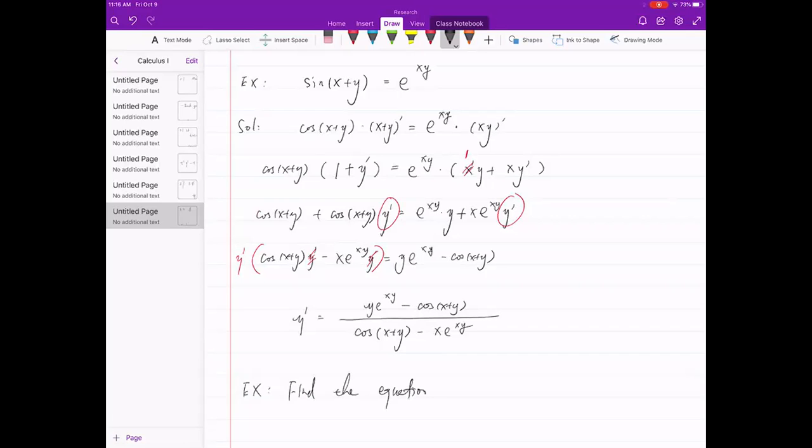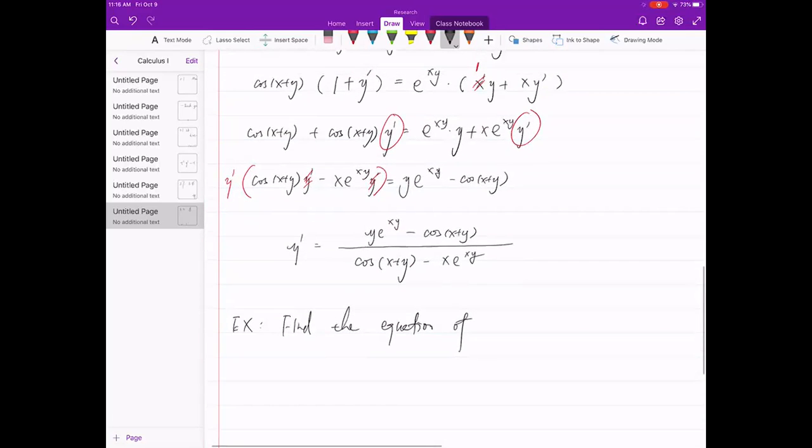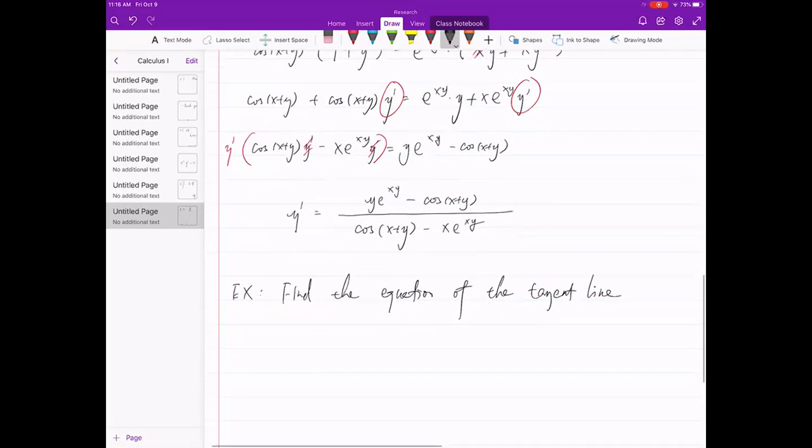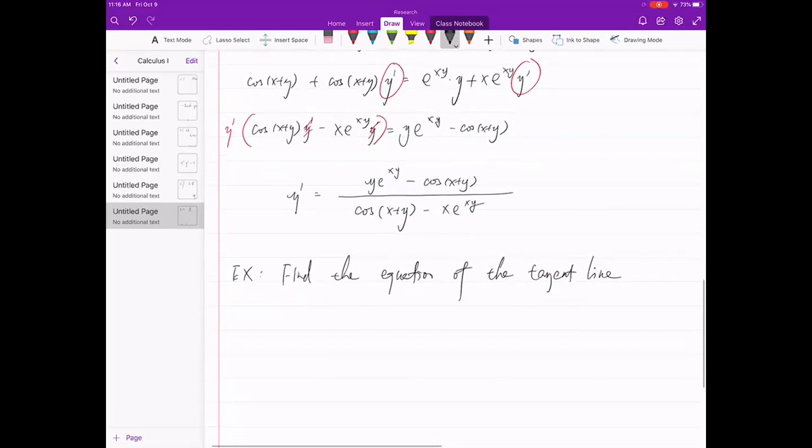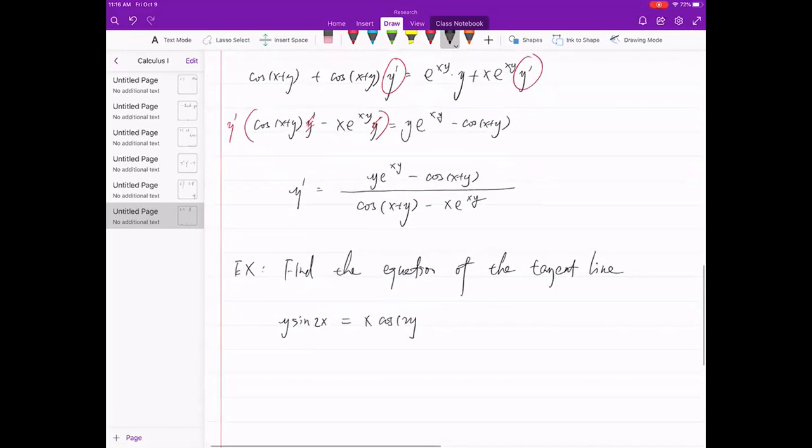Find the equation of the tangent line: y sine 2x equals x cosine 2y at pi over 2, pi over 4.